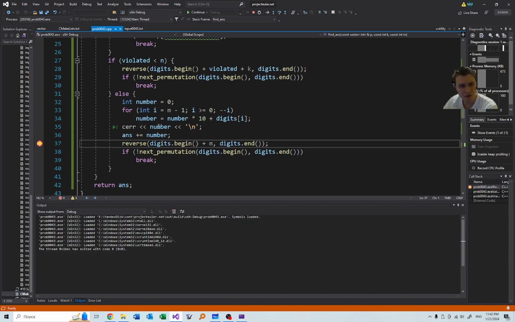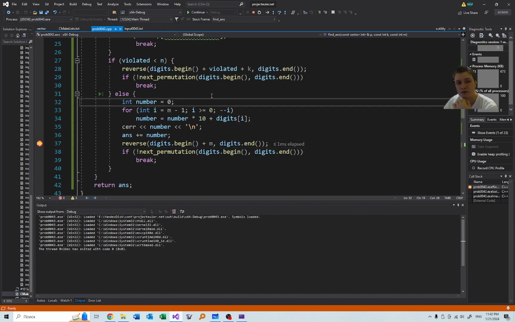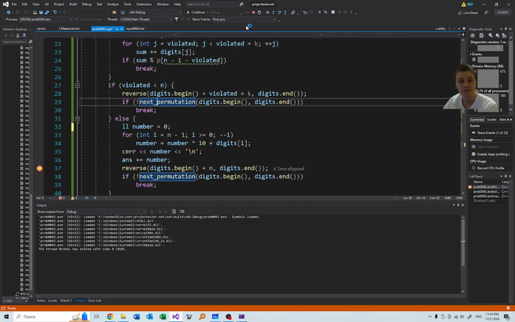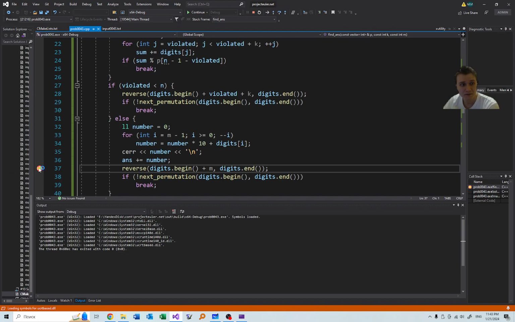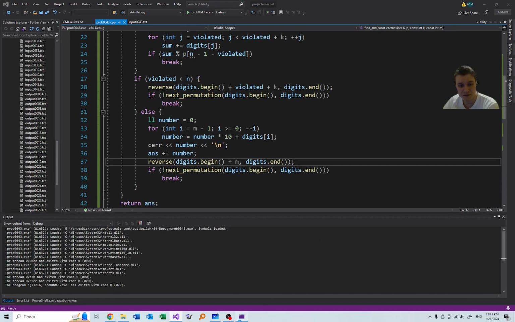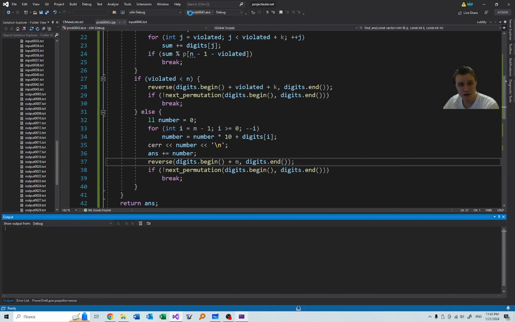For example, this one. 10 digits is maybe 10 to the power of 10. Okay, yeah, we need long. That's it. Otherwise everything is fine.